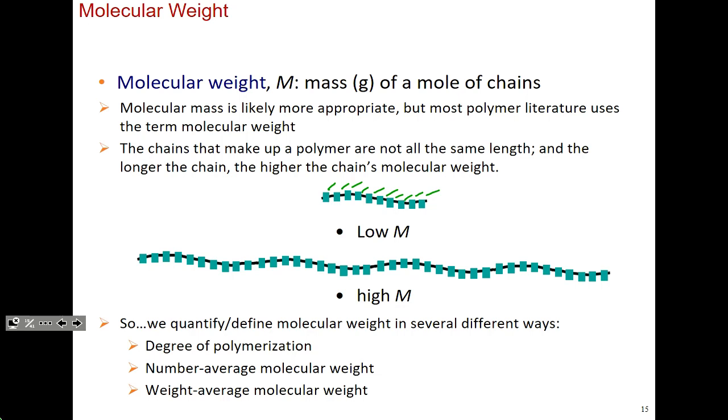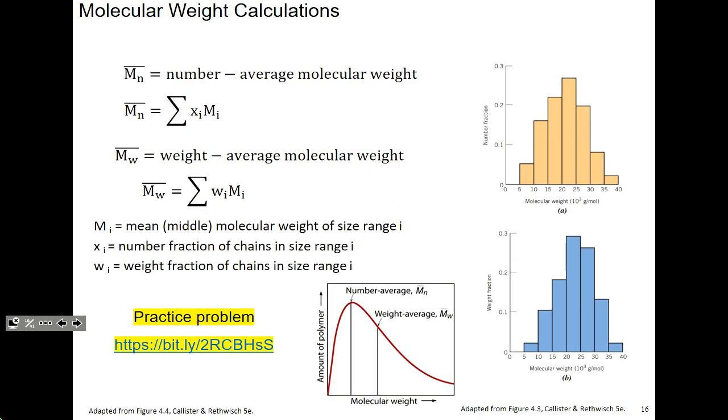You're just counting how many of each type there is. The weight average, you're focusing on the weight itself. You're saying, I'm going to weigh the 80,000 grams per mole by 80,000 grams per mole, and that's weighted more than something that is 10,000 grams per mole, okay? So your weight average will always win out because you're giving more weight to the heavier molecular weight chains, the longer chains, okay? So that answers our top hat question.